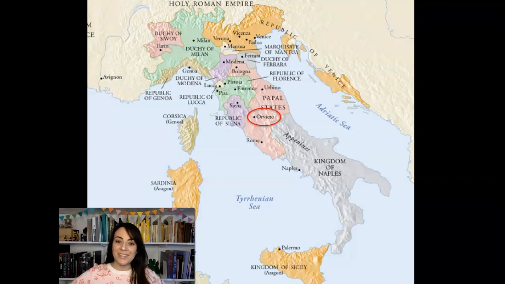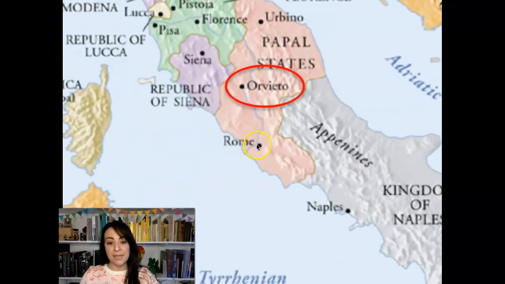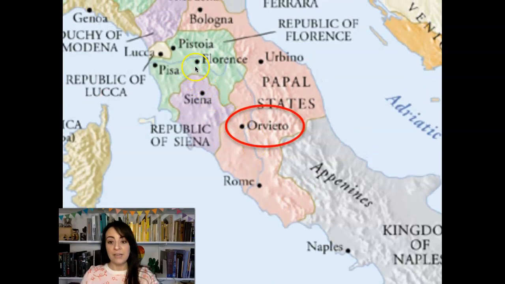We are going to start our look at the Gothic in Italy in the city of Orvieto. It's located kind of smack dab in the middle of the Italian peninsula. And to give you some context about what was happening in Orvieto in the late medieval period, the Gothic period, Orvieto was a hub of trade along the Italian peninsula because it linked the major cities of Rome and Florence.